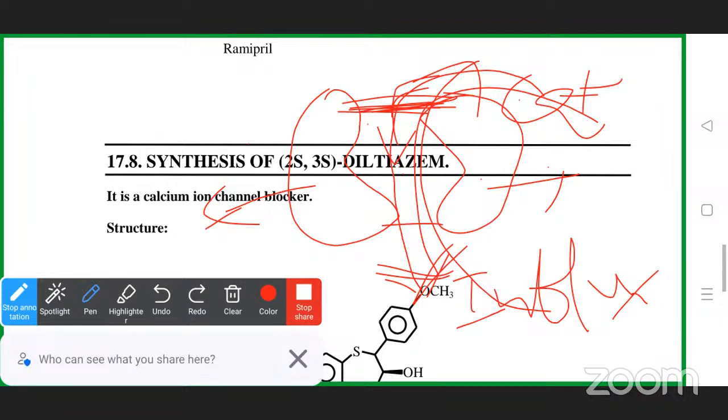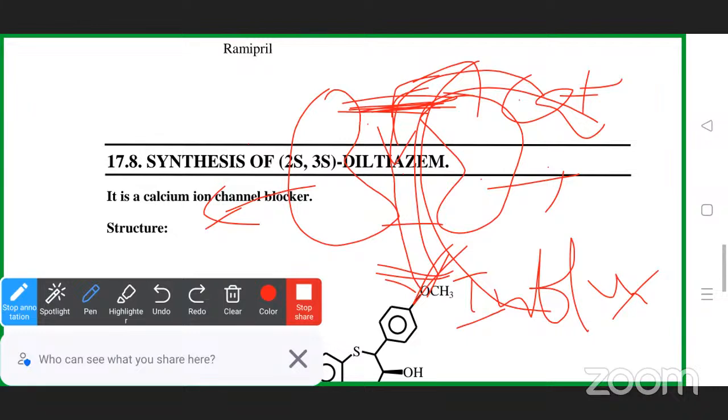If smooth muscles get over activated, over stimulated, then over expansion and over contraction means over blood circulation.